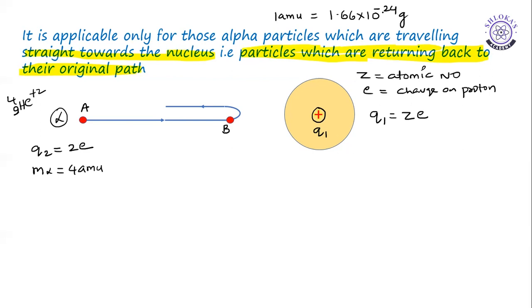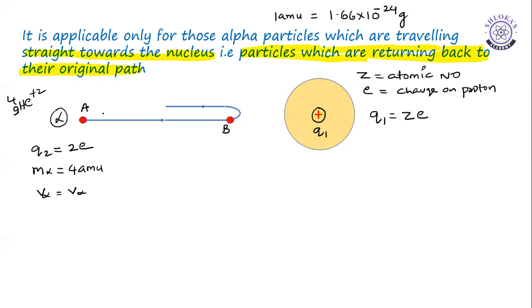If you want, you can substitute this also. Thrown from a large distance, it should possess some velocity, which I am taking as V alpha. It is unknown. Q1, Q2, and M alpha are known, but V alpha, the velocity of the alpha particle, is unknown.